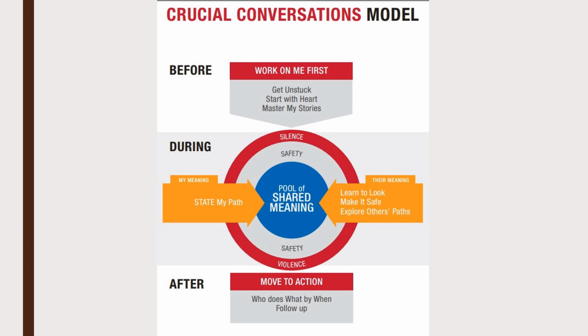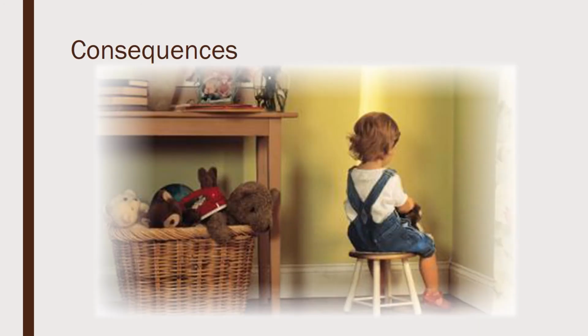Well, the final one that I want to talk about is consequences. Using consequences means telling the other person what you'll do if his or her behavior does not change. And by the way, just a little note here, that's different from actually imposing a consequence after someone has failed to change his or her behavior.